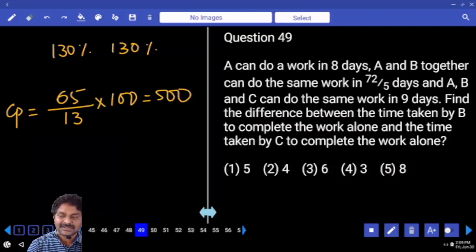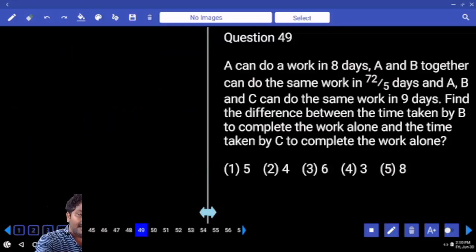the work alone. Actually, this question is from the time and work concept, but it feels like pipes and cisterns, because B will do negative work here. A alone can do it in how many days? 8 days.